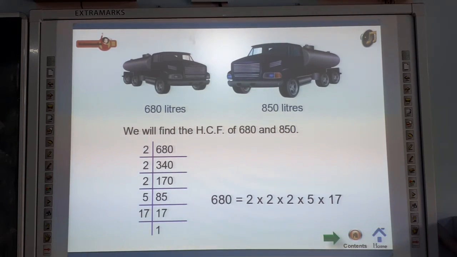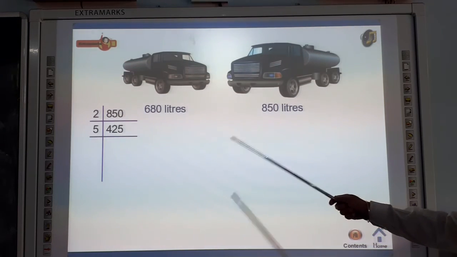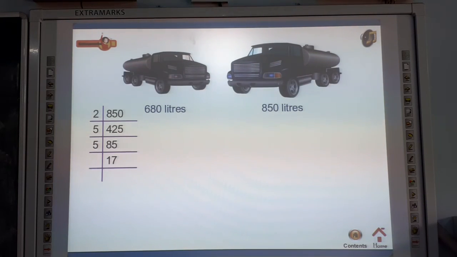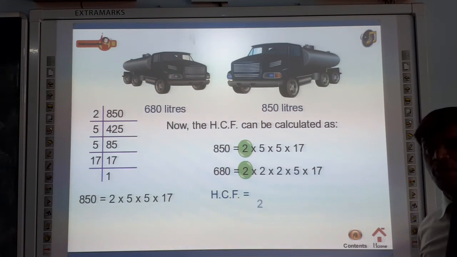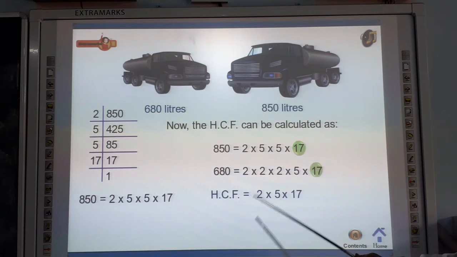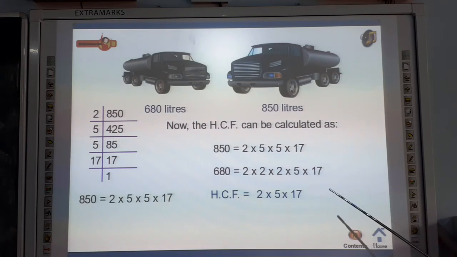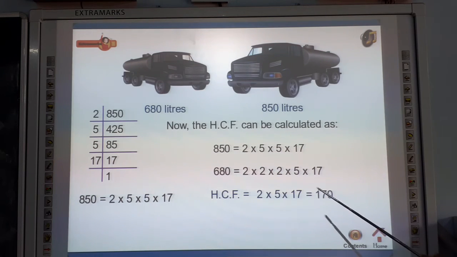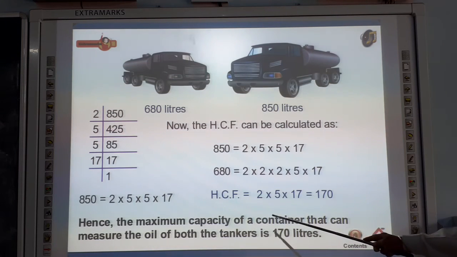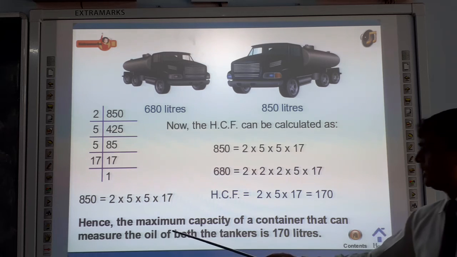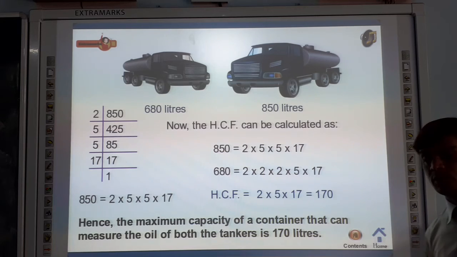And next, factors of 850: 2 multiply 5 multiply 5 multiply 17. So the highest common factor is equal to 2 multiply 5 multiply 17, which is equal to 170. Hence the maximum capacity of a container that can measure the oil of both the tankers is 170 liters.